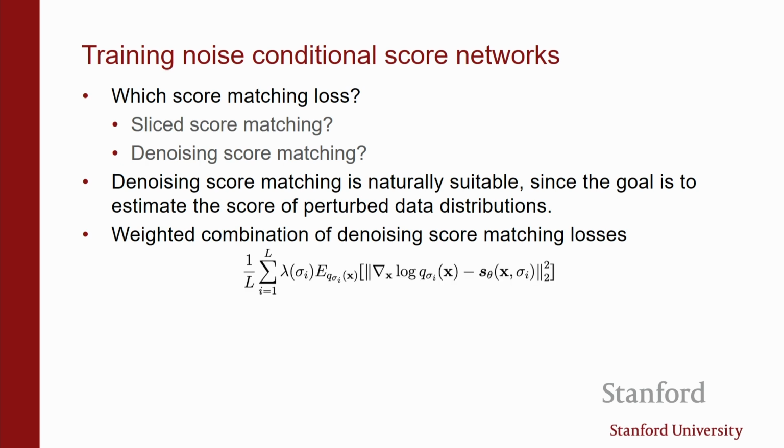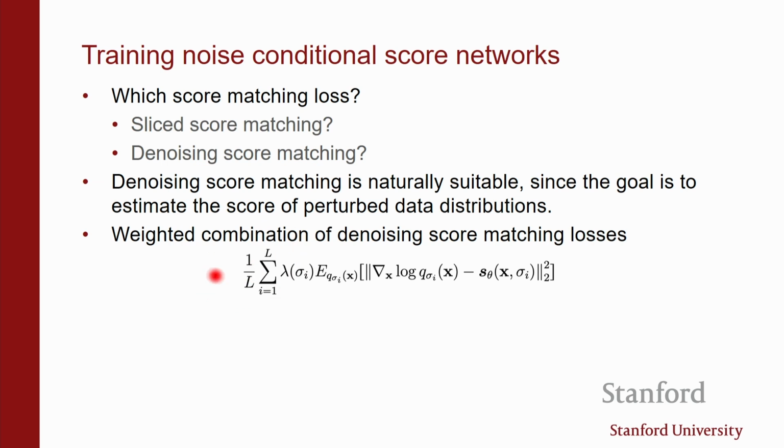And so the loss function might look something like this, where we have this noise conditional score network that takes as input a data point and a noise level and tries to estimate the score of the data distribution perturbed with that noise level at that point X. And we want to train this score network to perform well across different noise levels.